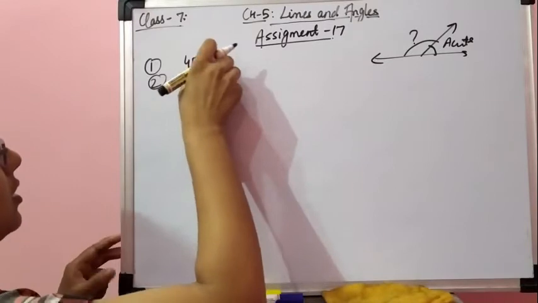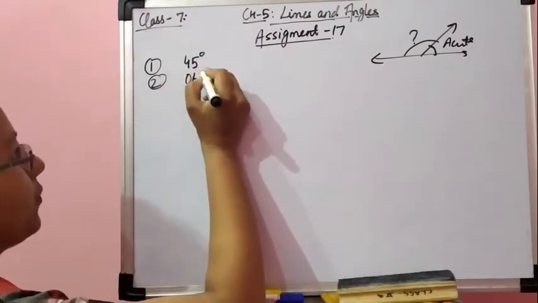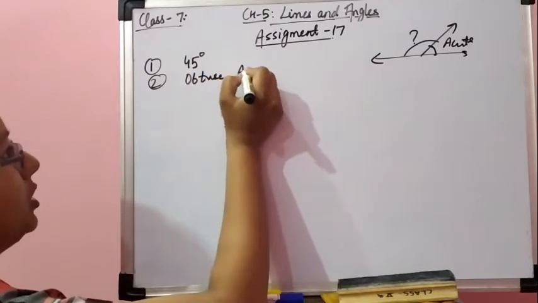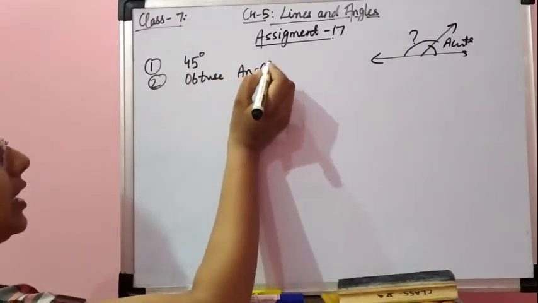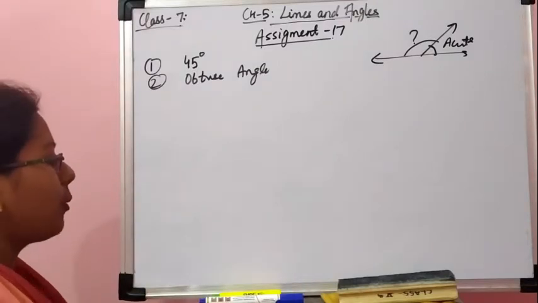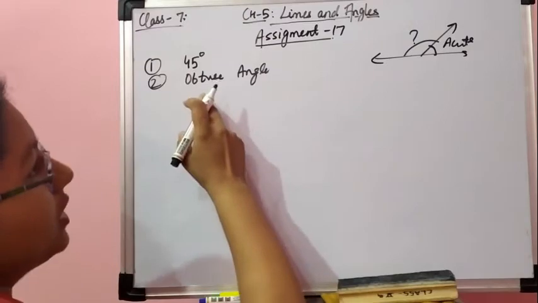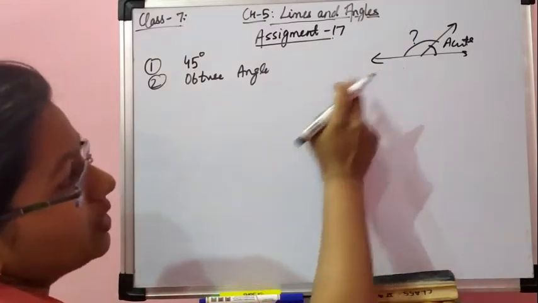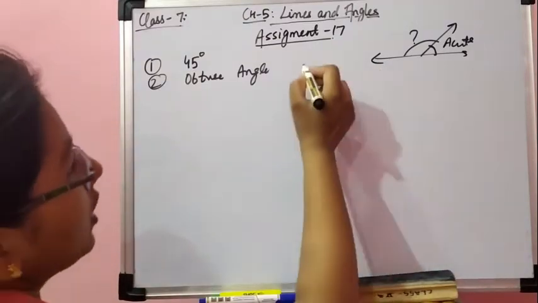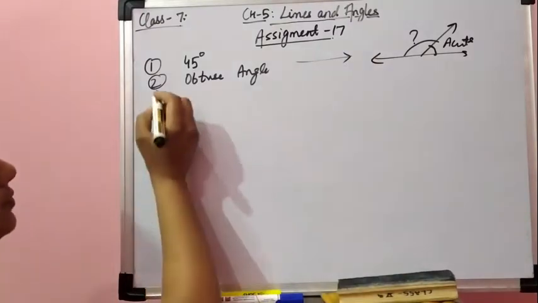Simply we can write that it will be an obtuse angle. How can you write the complete answer? From the question you will take the line that if one of the angles formed by a linear pair is acute, then the other angle formed is obtuse, and you can draw this diagram also. Draw this diagram for the explanation of your answer.